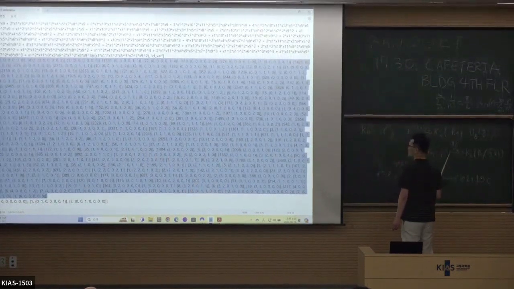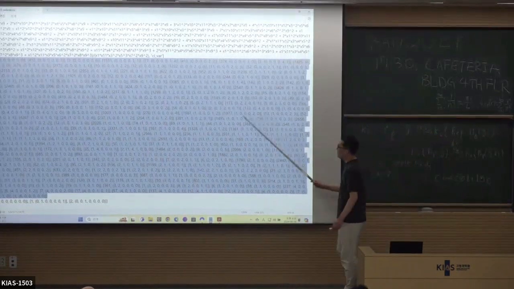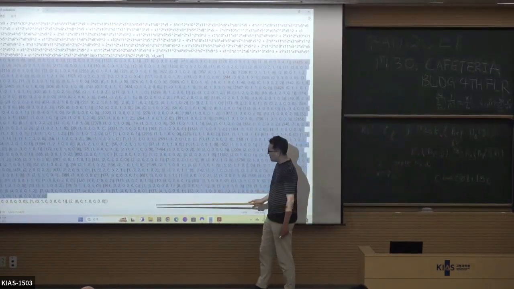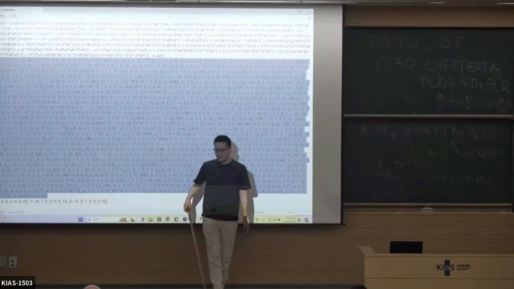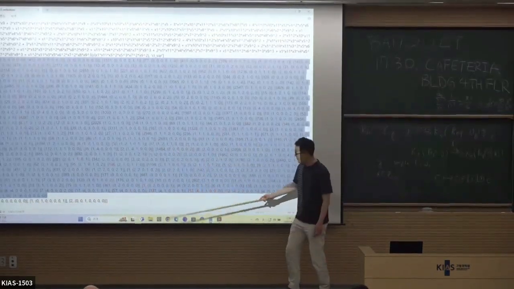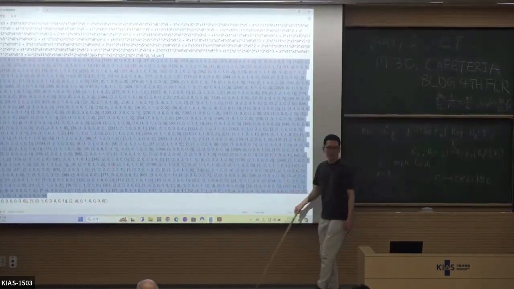But when you take the image, there are lots of cancellations among each other, and this is the result. There are only 1, 1, 2 remaining as coefficients. And this proves non-negative coefficients in this case.